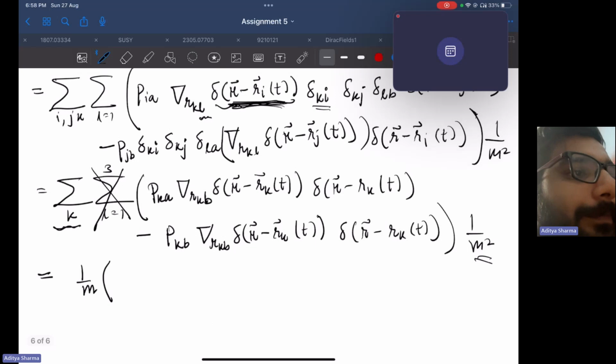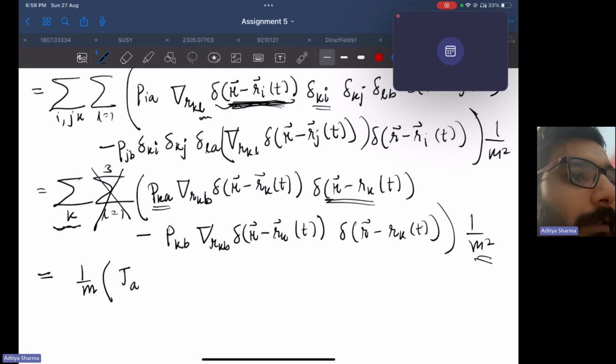So 1 by M, this pKa along with this part with a 1 by M is nothing but J_A, with the summation taken inside.